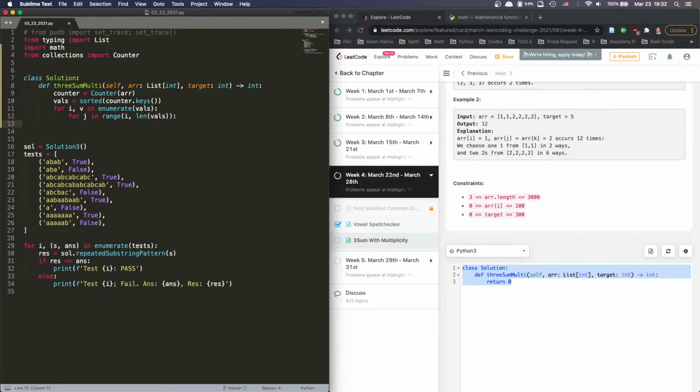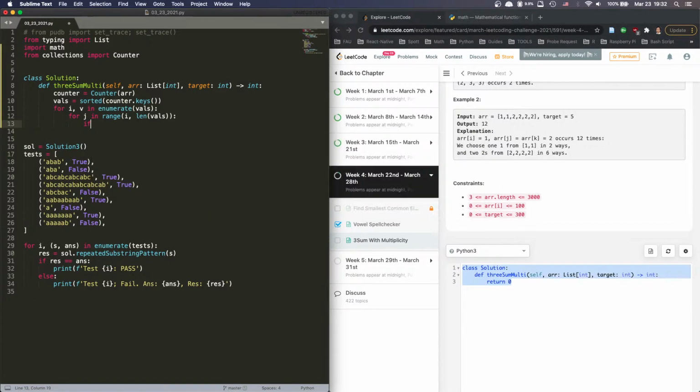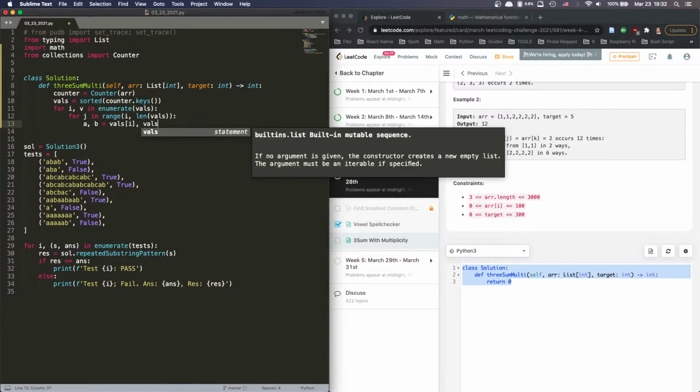So that's the second level. First check: let's do A, B equals vowels i and vowels j.